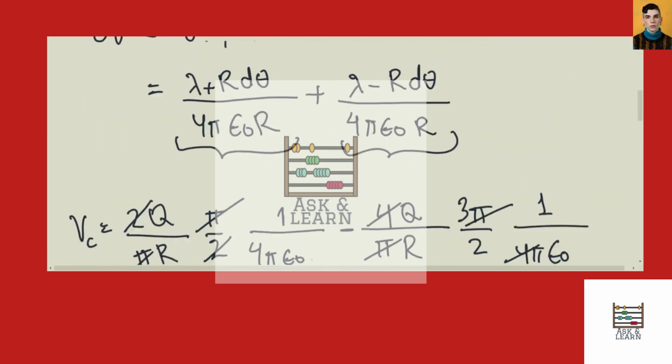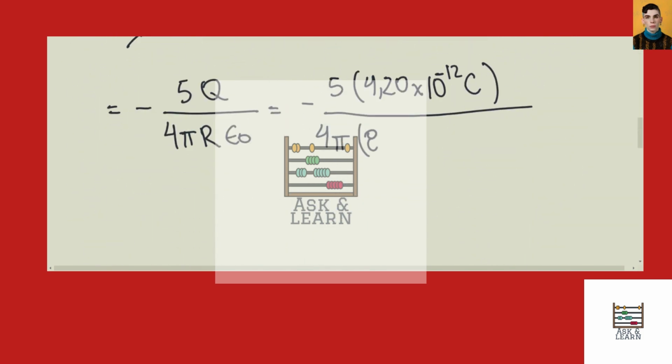And when we put that in here, we also need the value for epsilon 0. So let me search for it. 8.85 times 10 to the minus 12 farads per meter to the minus 1.